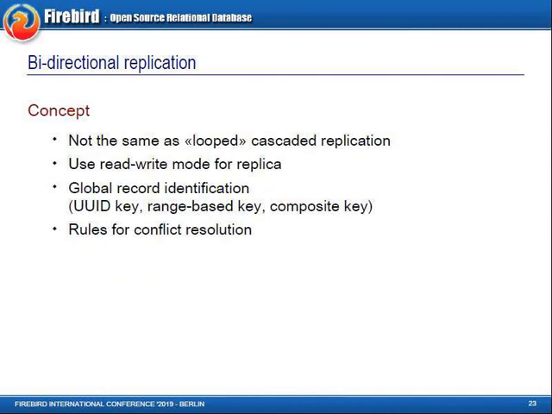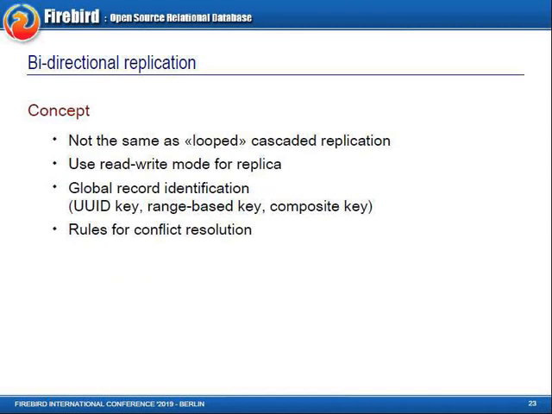If we speak about bidirectional replication, it's a different kind of setup. Of course, it doesn't make sense at all to use read-only mode for that. We have read-write mode for the replica side as the starting point to implement bidirectional replication. As I said, again, an absolute requirement becomes unique, globally unique identification of records.